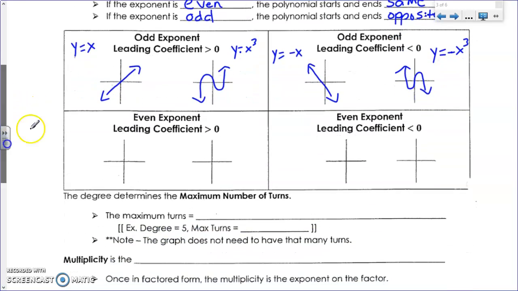To kind of bring back some memories you may not have liked. Sorry. All right. Even exponent. So in this case, it would be like y equals x squared and y equals x to the 4th. Does that make sense? We know an x squared is a quadratic. We know it makes a parabola. So if it's even exponent, it's going to end the same as it starts.